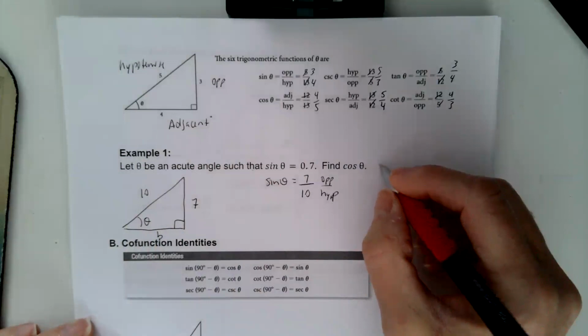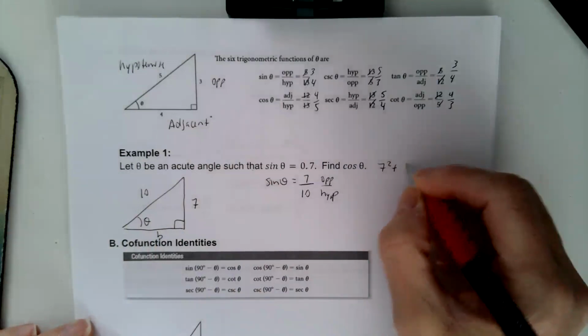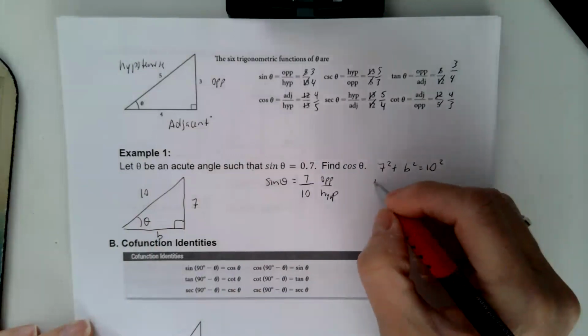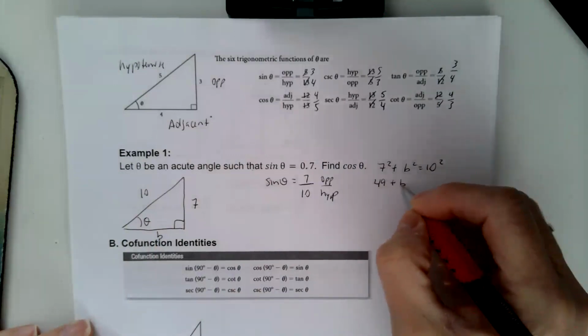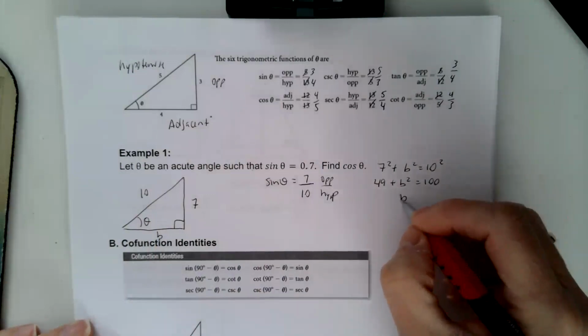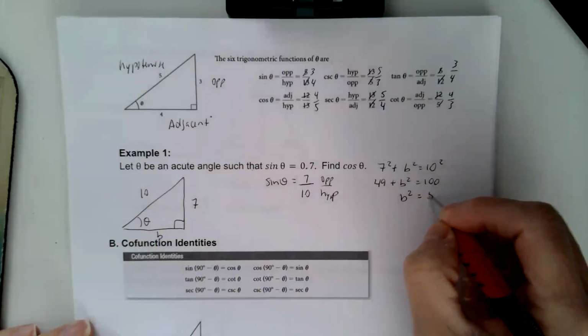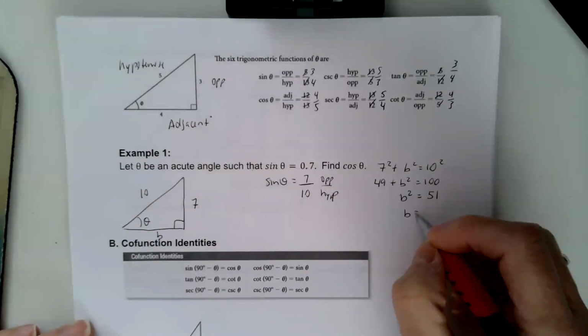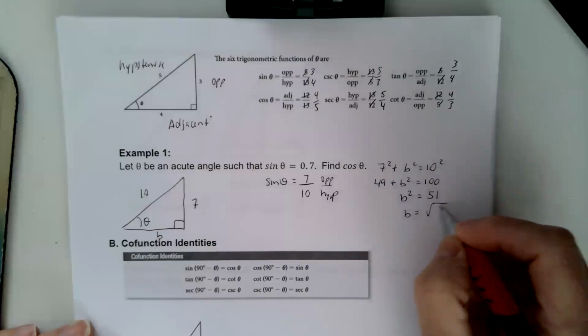And that means I can solve for b. I know that 7 squared plus b squared equals 10 squared. 49 plus b squared equals 100. If I subtract 49 from both sides, I find out that b squared is equal to 51. So b is equal to the square root of 51.